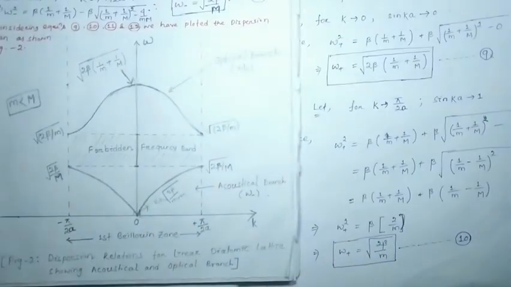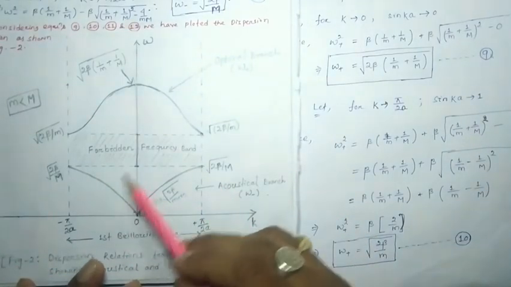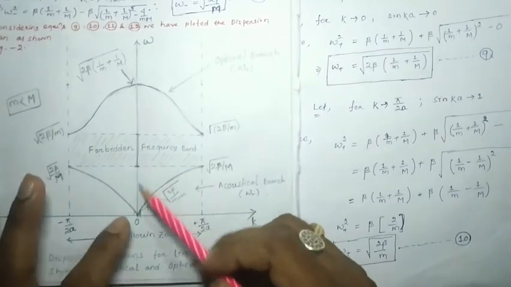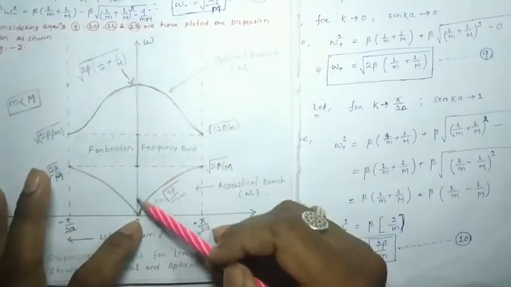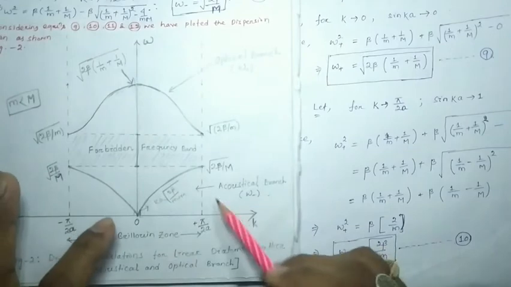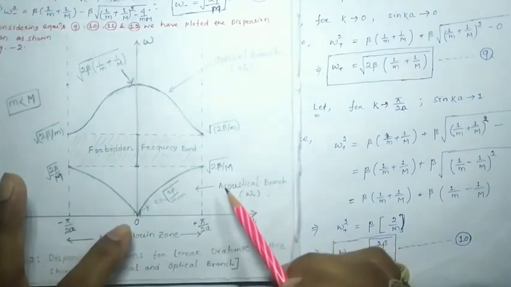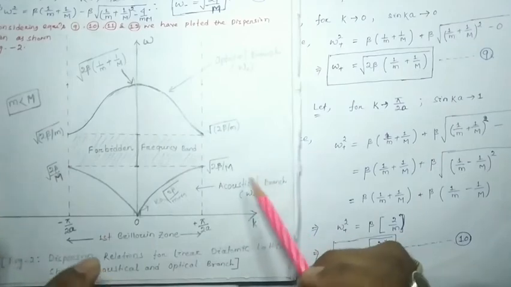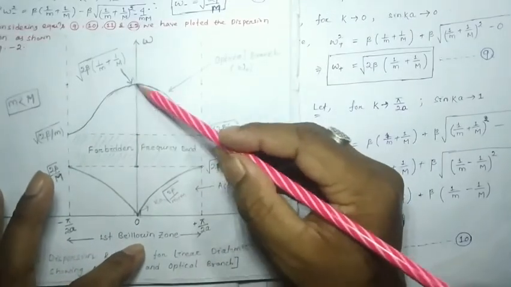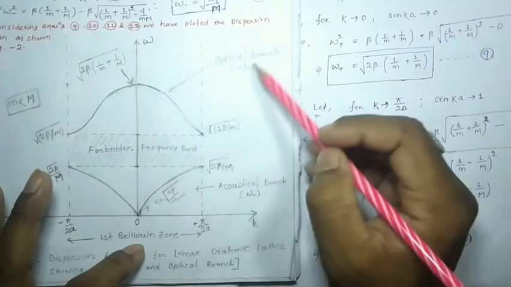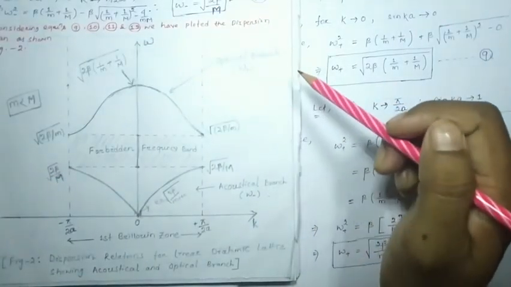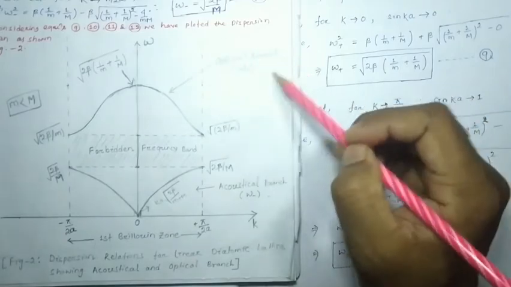Likewise, here we find a similar scenario. The lower frequency band is called the acoustical branch, which occurs due to sound waves, and the higher frequency band occurs due to optical light or a light source, and is called the optical branch.